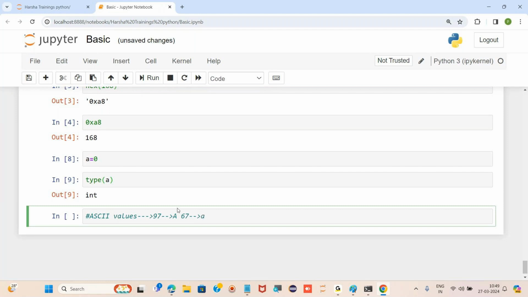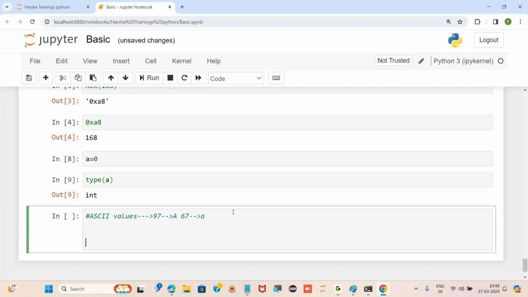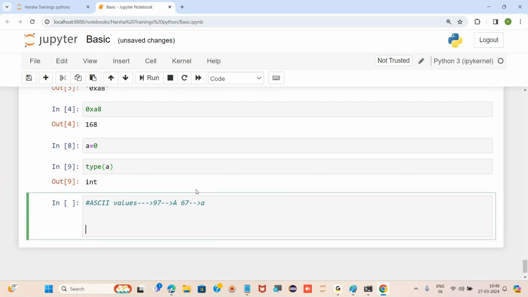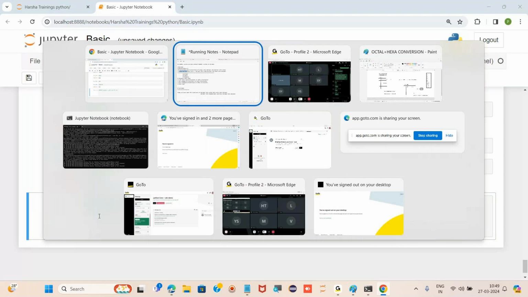Starting from there, 68 is taken as B, 69 as C. Likewise, you can convert the individual letters into numbers, and those numbers we can convert into bits, binary. So that's why we are using this many number systems.